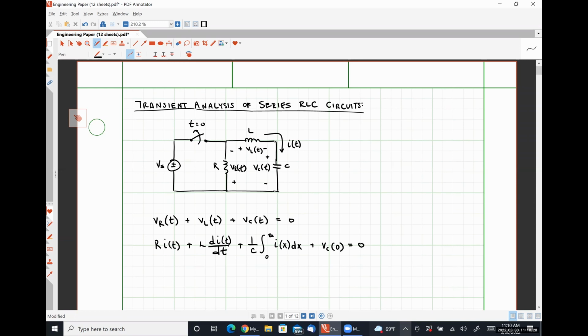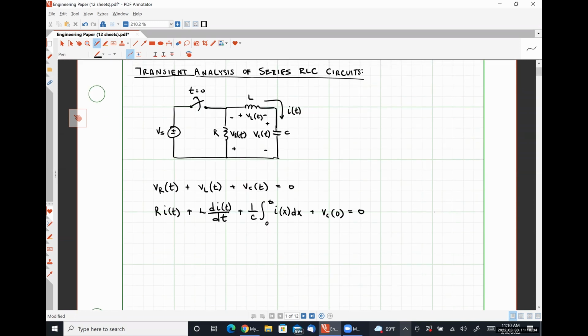Okay, we're going to take the derivative with respect to time, which is going to leave us with R times the derivative of current with respect to time plus L times the second derivative of current with respect to time plus 1 over C times our current, because the derivative of the integral is just the function itself. And then when we take the derivative of this Vc at 0 term, that's the derivative of a constant, so it goes away.